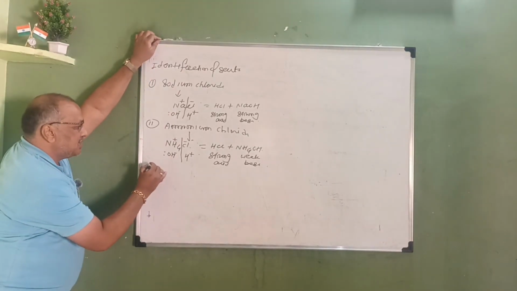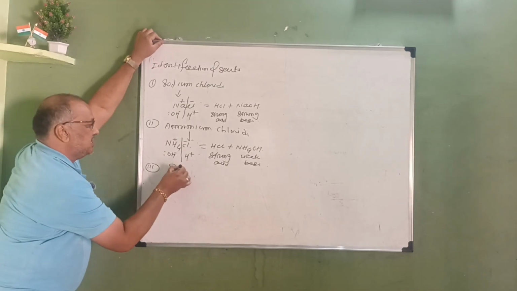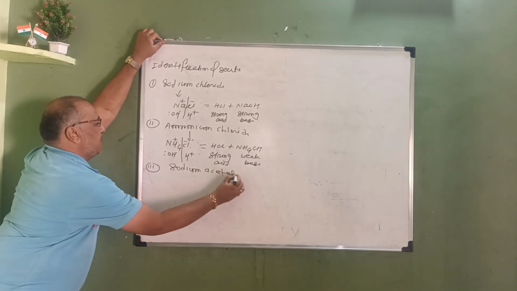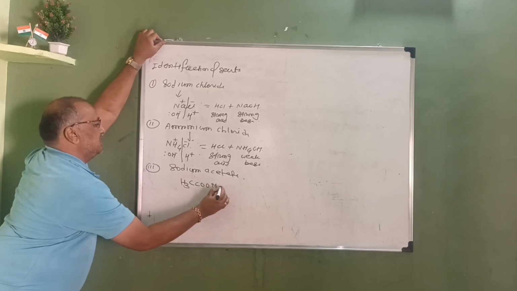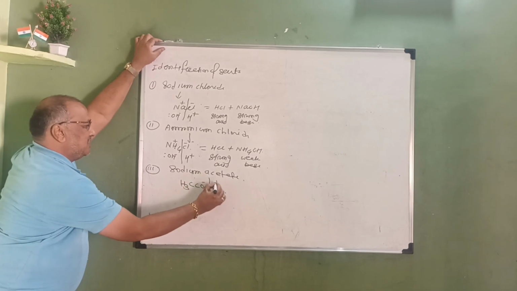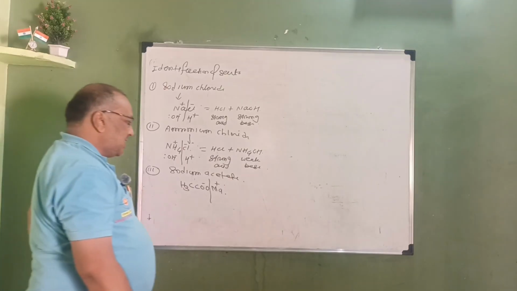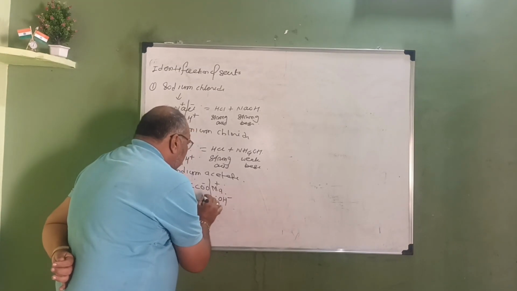In a similar manner, third, sodium acetate, that is CH3COONa. Again separate cation and anion here. Attach OH minus ion to the cation and H plus ion to the anion.